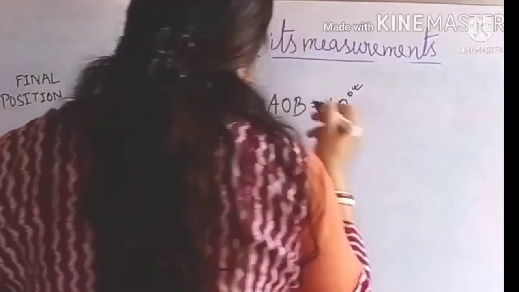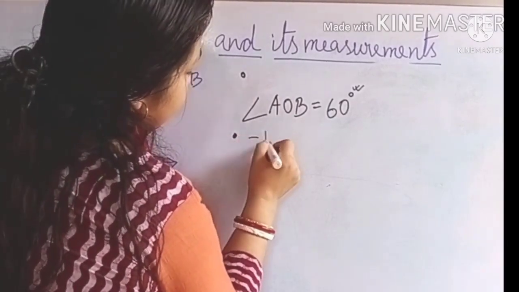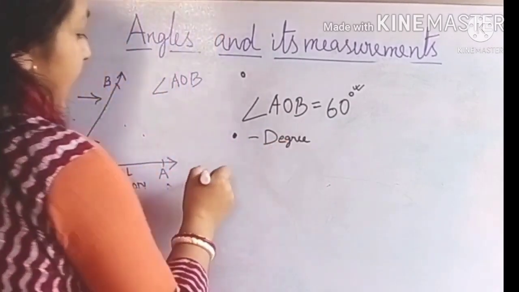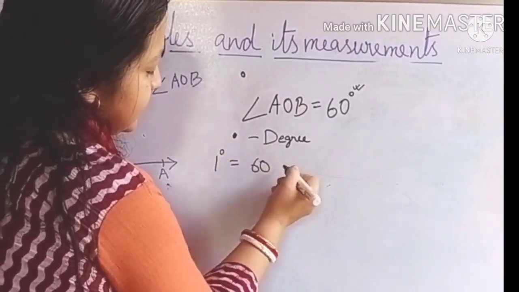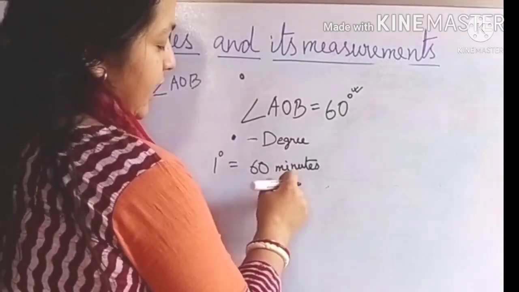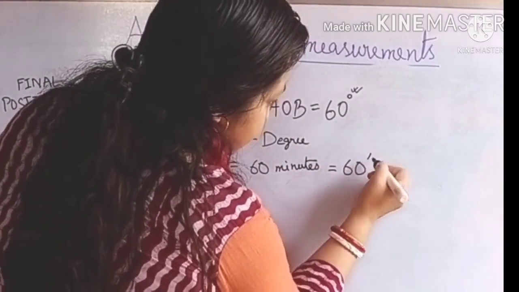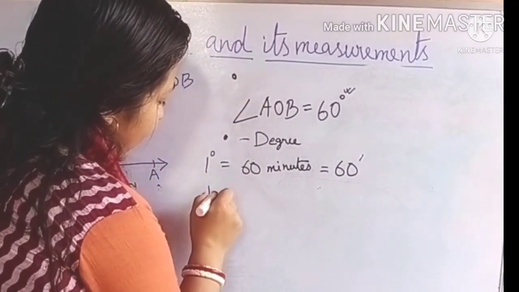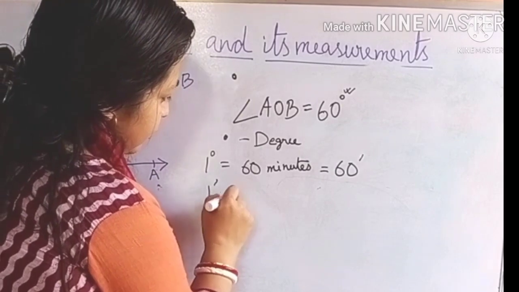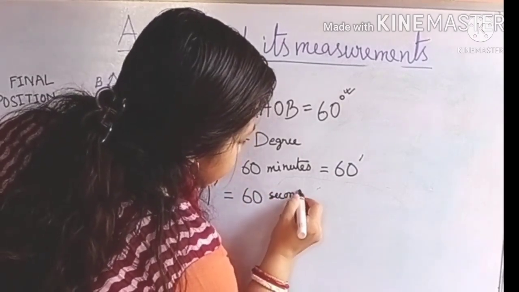Now what is this degree? This round circle is called degree. And 1 degree is equal to 60 minutes. How is it represented? Minutes are represented by this small line at the top. And 1 minute is equal to 60 seconds.